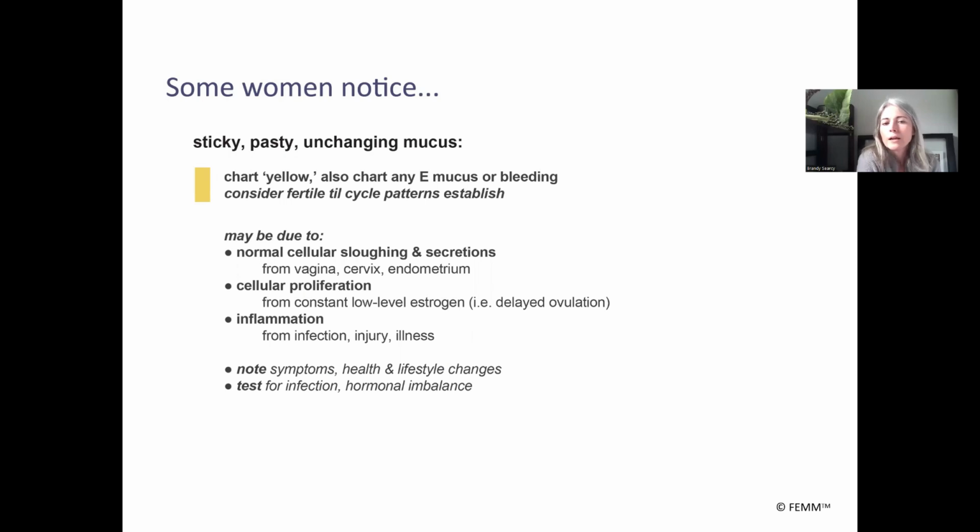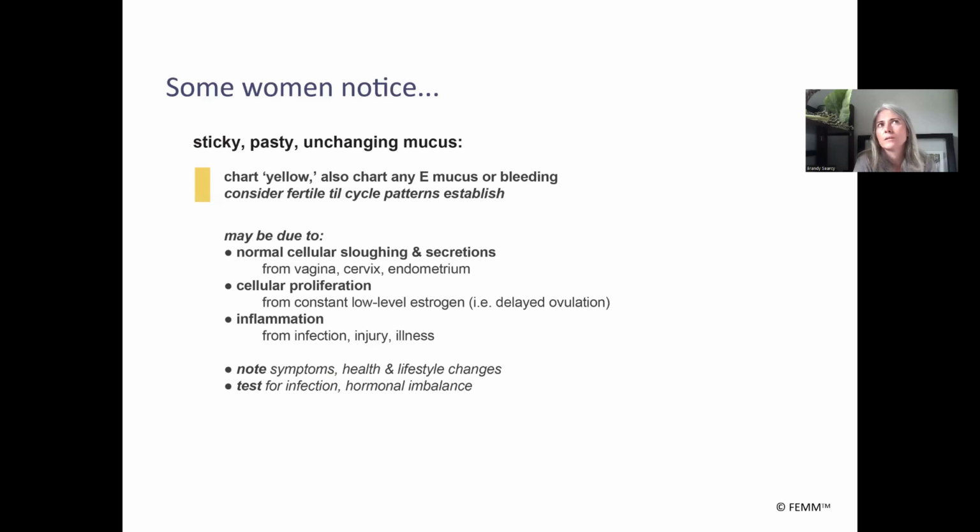This could be completely normal, just absolutely completely normal, nothing wrong. It could be from delayed ovulation, so this state of cellular proliferation because the endometrial lining grows in response to estrogen. It could be due to inflammation. Typically with that, you would expect to have pelvic pain. You would expect to have something else going on.